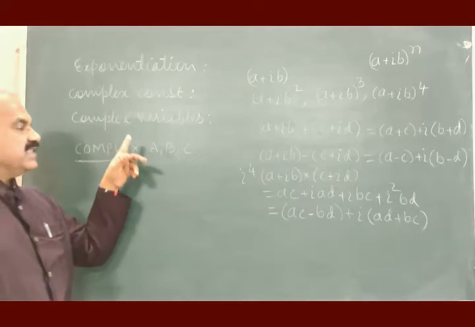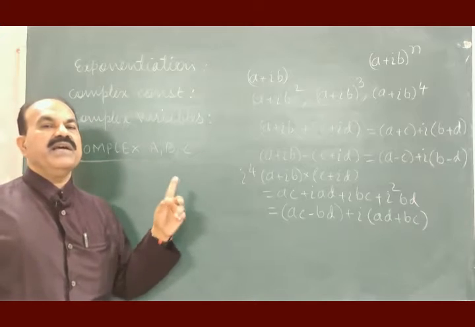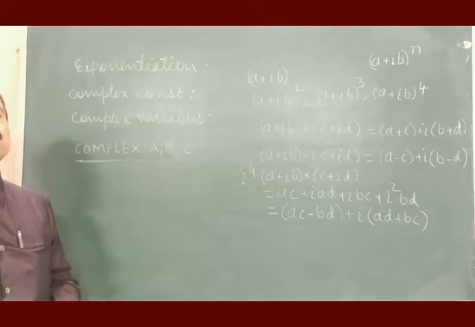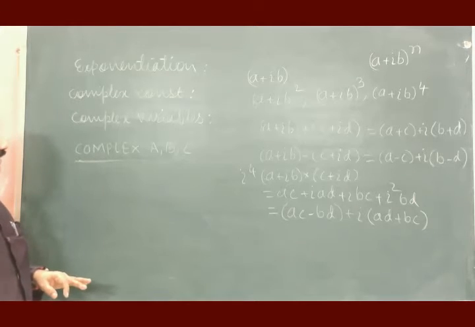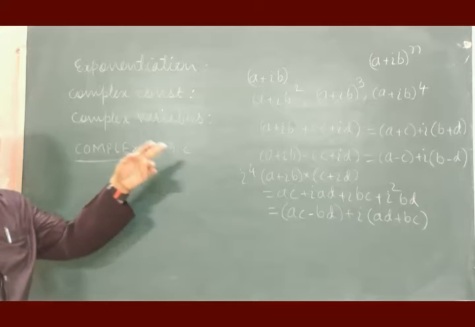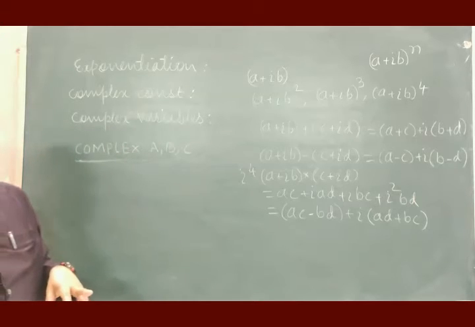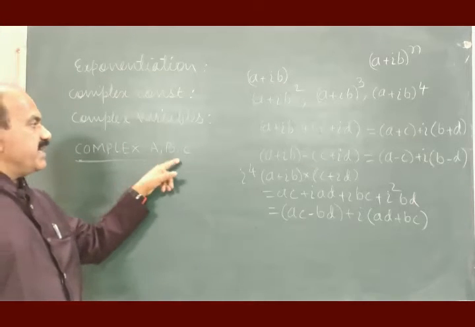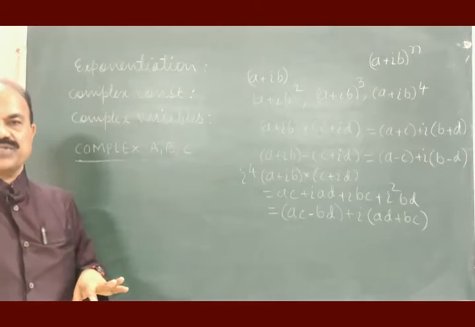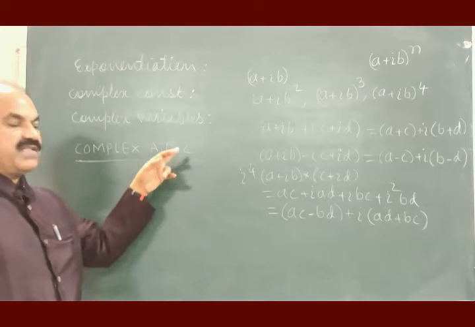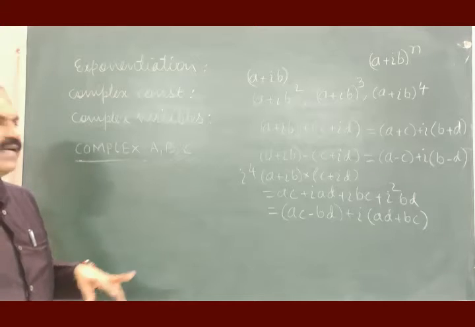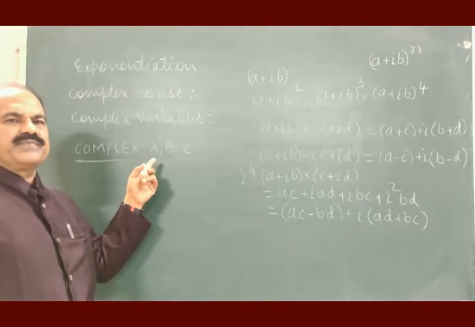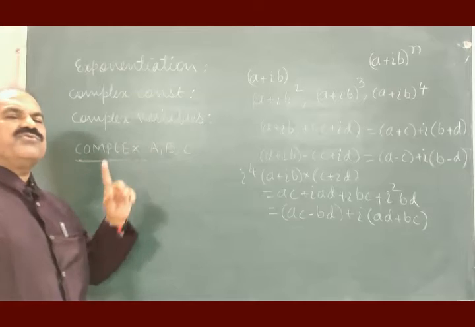It means that variables A, B and C are complex variables. These complex variables should be separated by commas, and you can assign constant values to these variables.